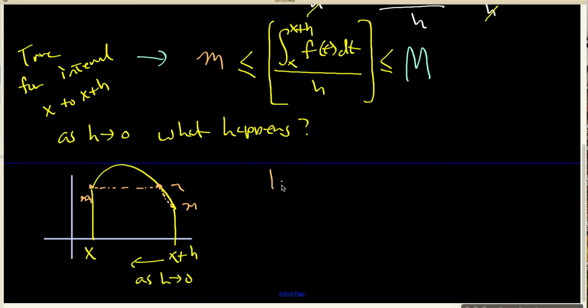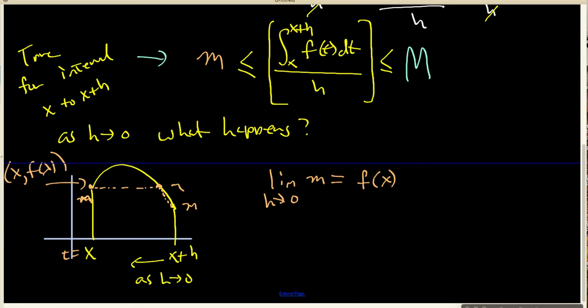So what I notice is that as h shrinks down to 0, the minimum value eventually becomes f of x, because that particular point is x comma f of x. So eventually little m becomes f of x.